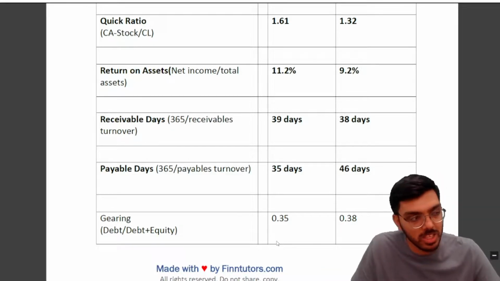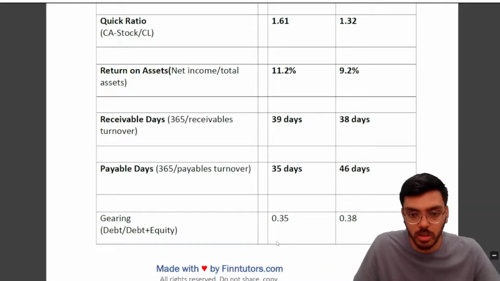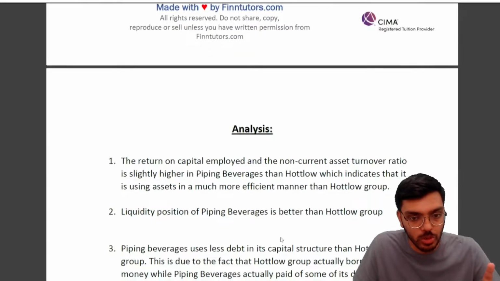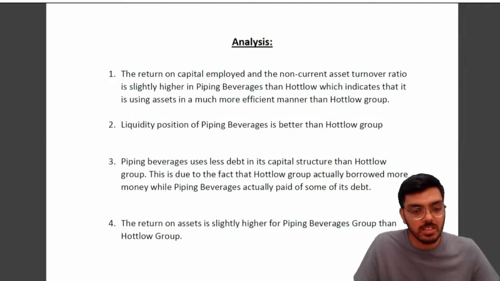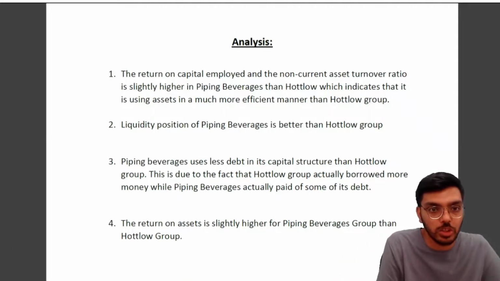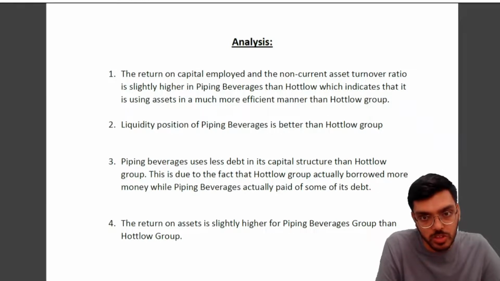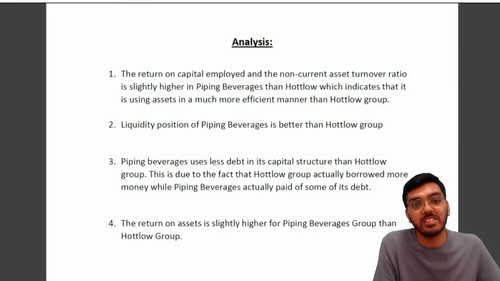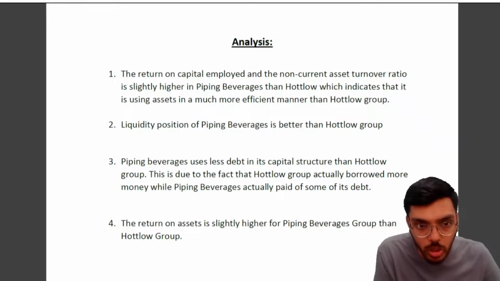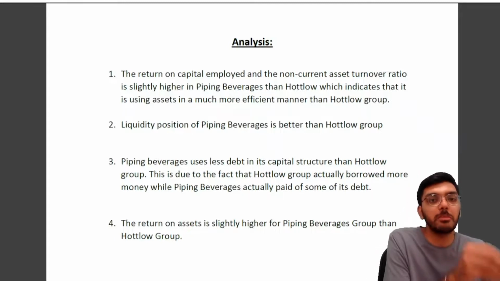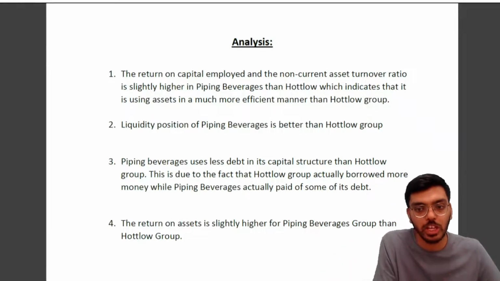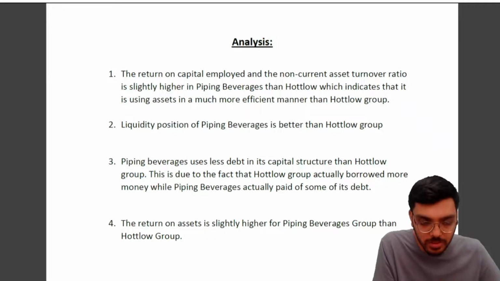So we seem to be in the same category in terms of the financial position ratios. To analyze, the ROCE and the non-current asset turnover ratio are slightly higher in Piping Beverages than Hotlo, which indicates that we are using our assets in a much more efficient way than the Hotlo group. The liquidity position of ours is also better: our quick ratio and current ratio are higher than theirs.